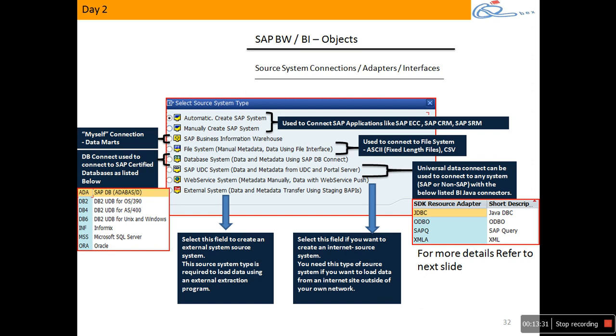You should be in a position to decide at least which one to use. But it will never be your requirement to create the connections; it will all be done by the Basis team. But at least you should be the one to tell them: create me an SAP connection, create me a DB connection, create me a UD connection, create me a web service connection, whatever it is.